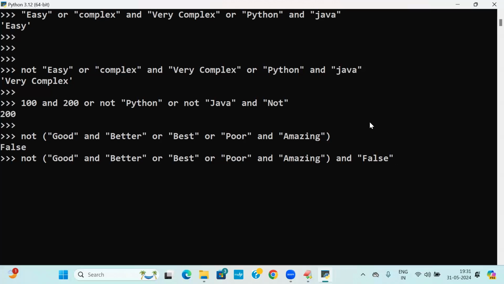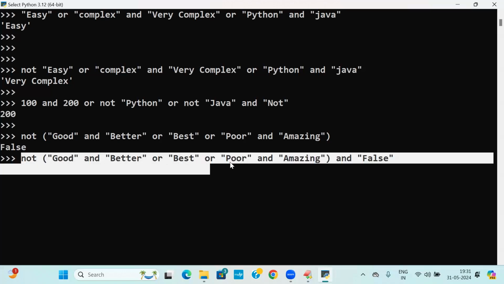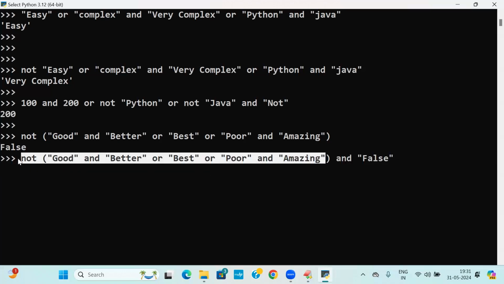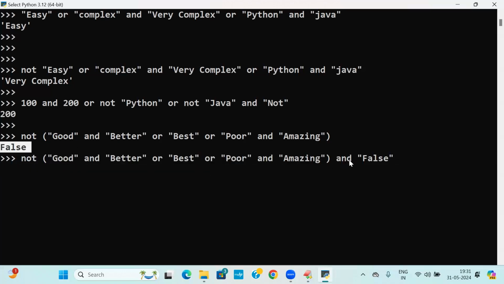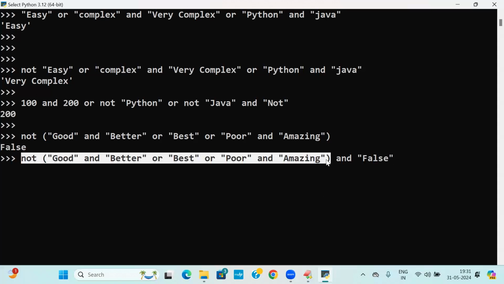What is the answer now? This answer is what? False now. False and what? False of string. False only. This is false now. False means Boolean false. This is string false.